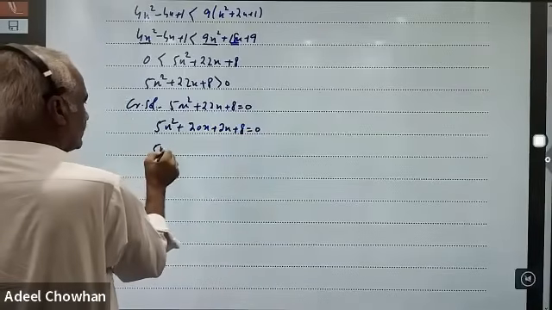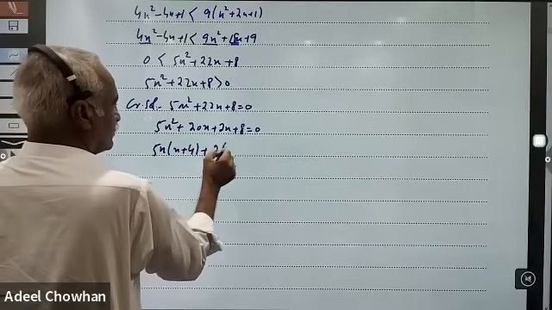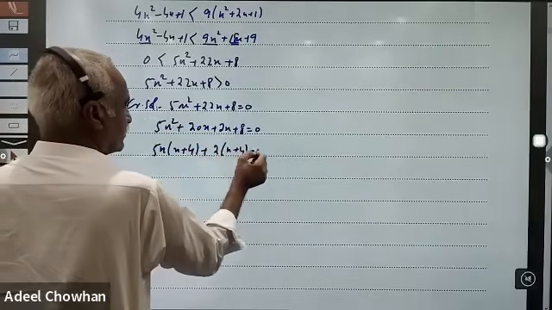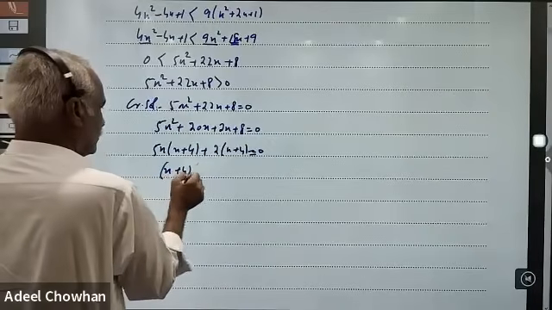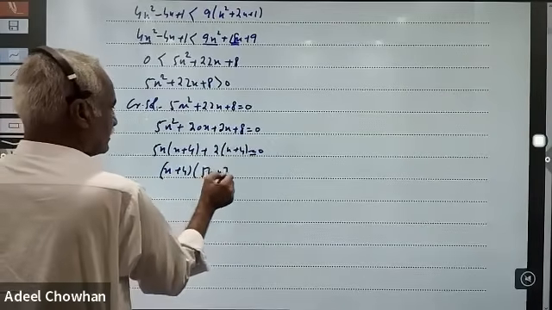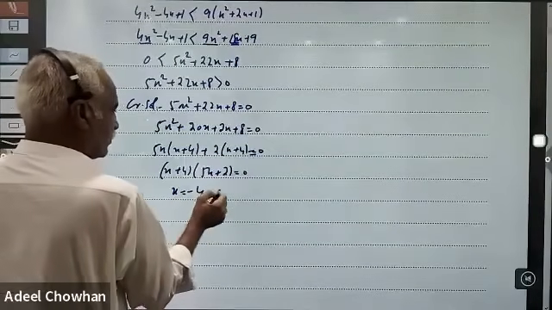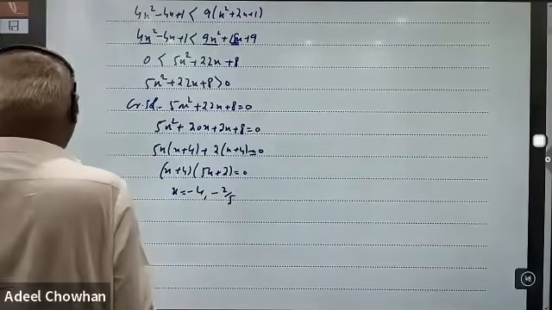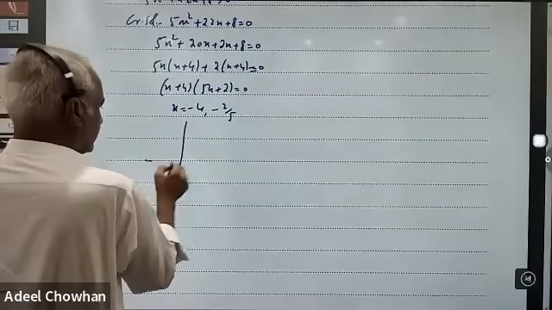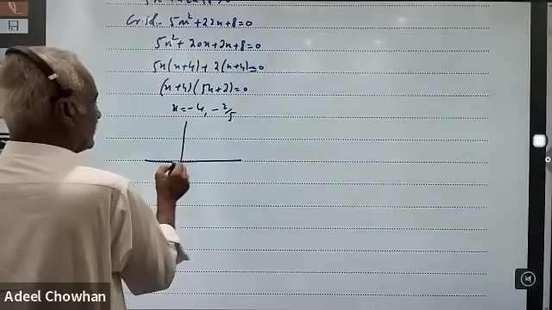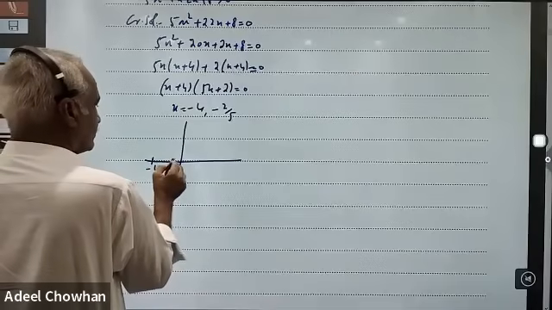Here 5x is common, and 2 is common, so (x plus 4) into (5x plus 2) equal to 0. So the x values are minus 4 and minus 2 by 5. So we will represent it on the number line: minus 4 and minus 2 by 5.